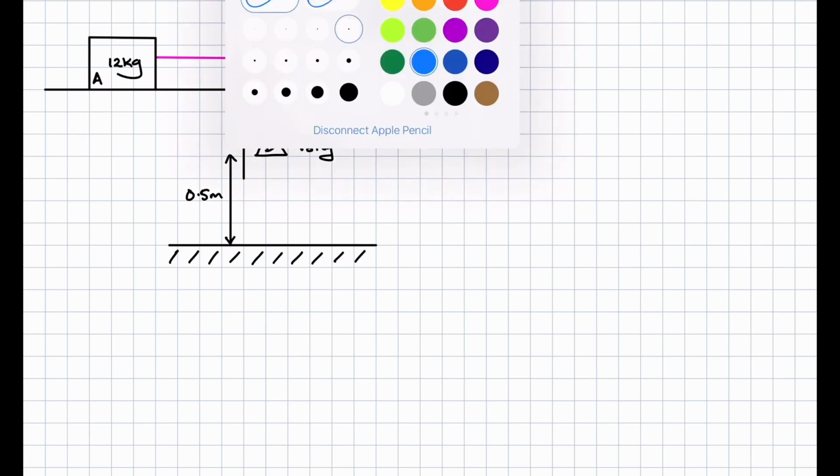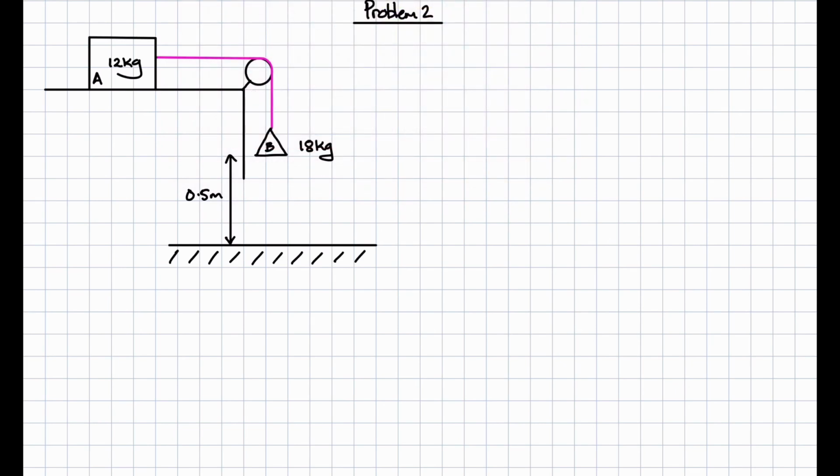So as particle A moves, it is going to experience some form of resistance force. We're going to say the resistance force acting on particle A is a constant 25 newtons, so we'll indicate that on the diagram.